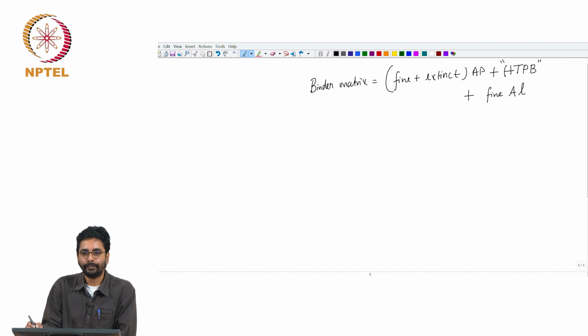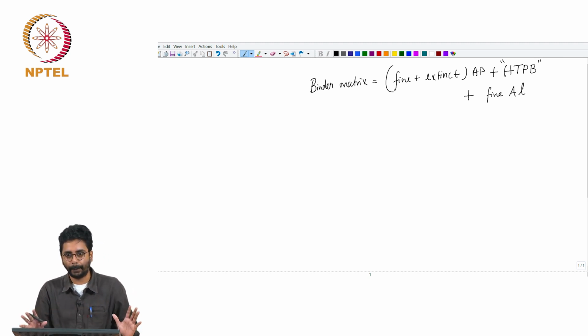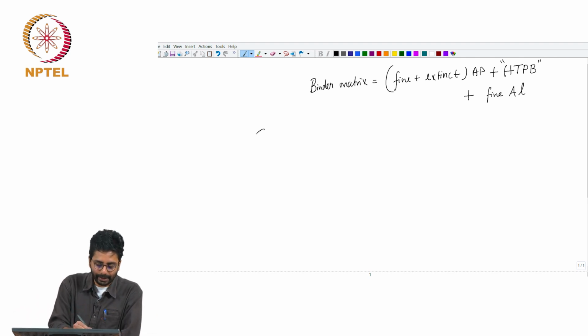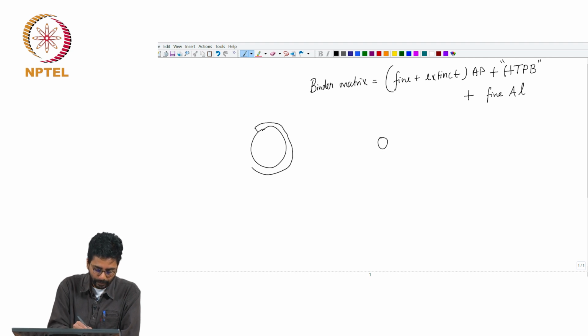This is the binder matrix, and therefore its composition is fixed. The reason why coarser particles have smaller amounts of binder and smaller particles have larger amounts of binder is because we coat them with the same thickness.